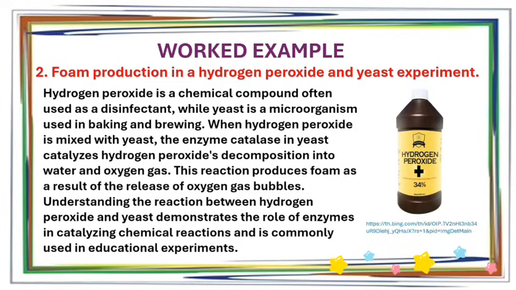This reaction produces foam as a result of the release of oxygen gas bubbles. Understanding the reaction between hydrogen peroxide and yeast demonstrates the role of enzymes in catalyzing chemical reactions and is commonly used in educational experiments.